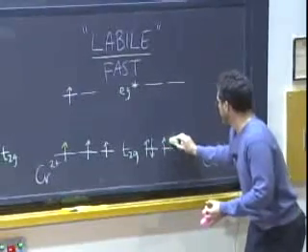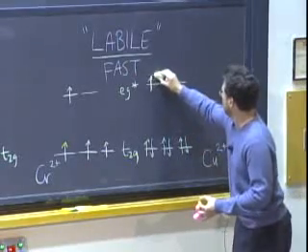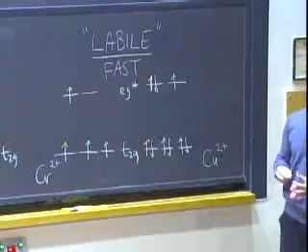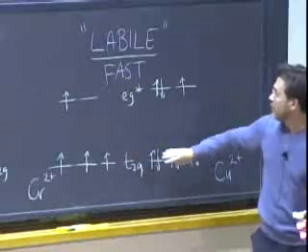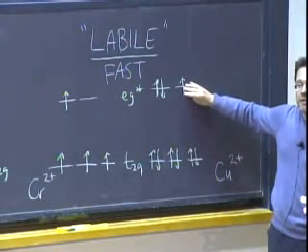And this is a d9 case. So the electrons go in like this, and this is an S equals 1/2 system with a single unpaired electron. Both of these are paramagnetic. Both of these have population of eg*.